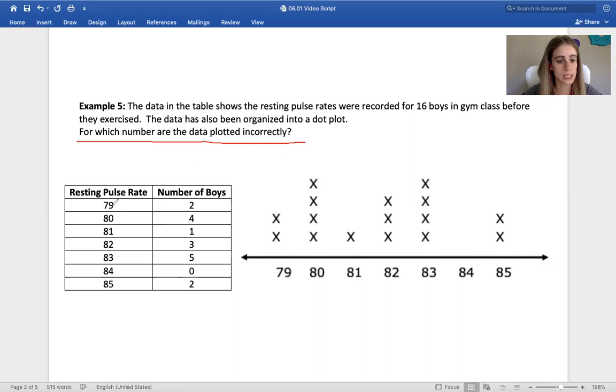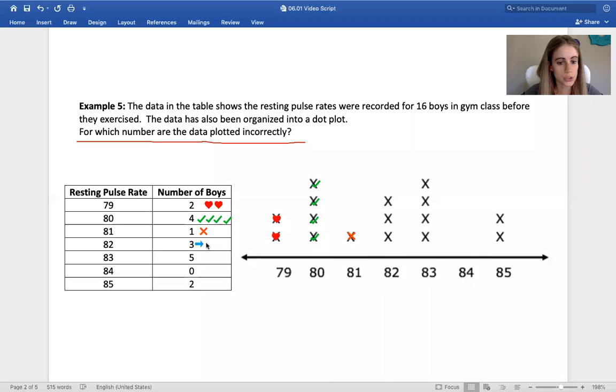Well, here it says, so 79, there are supposed to be 2 boys that had that as the resting pulse rate. Yep, that matches. All right, then for 80, there's supposed to be 4. 1, 2, 3, 4. Yep, that matches. All right, for 81, there's supposed to be 1. That's correct.